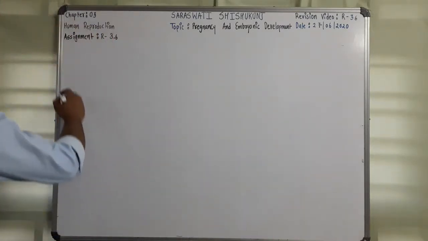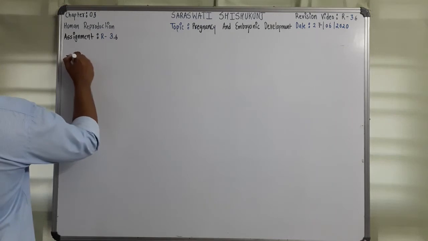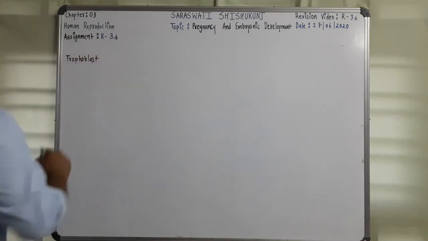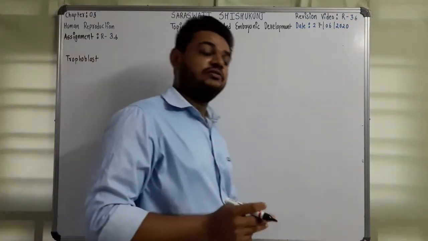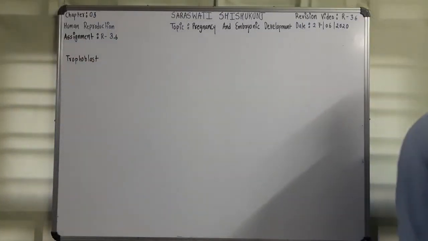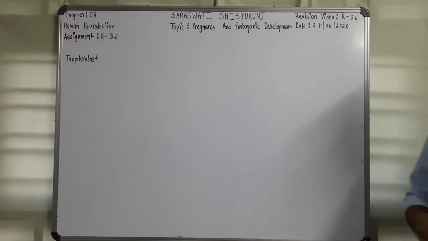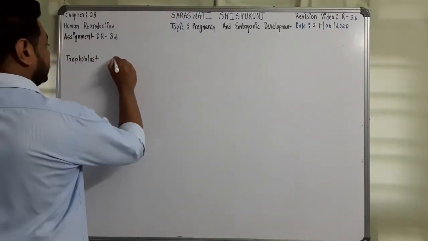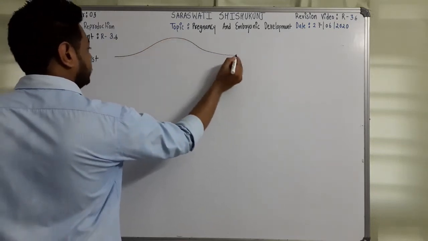Now in the previous video we have already talked about the trophoblast layer. Trophoblast layer is the outer layer and the inner is the inner cell mass. Now when we see the diagram and development of the embryo, it is like this.